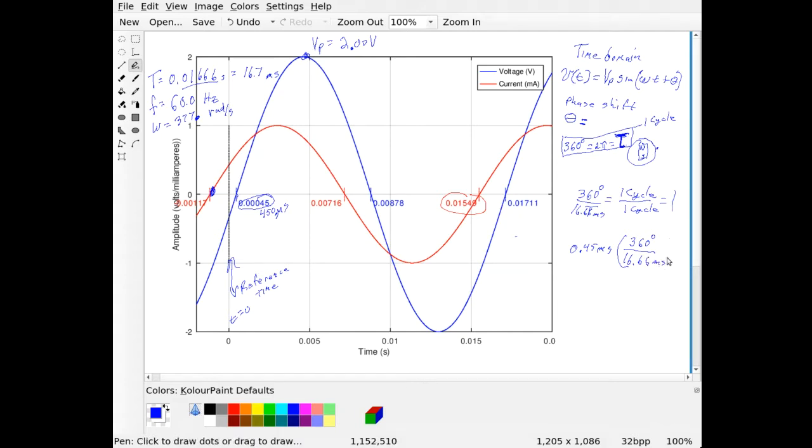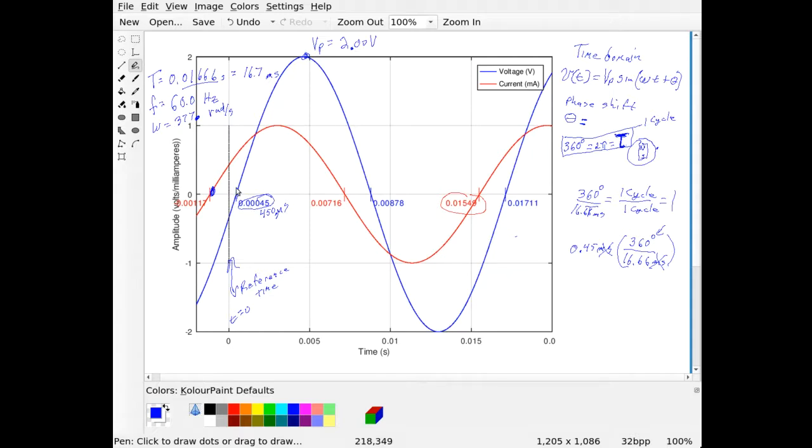It doesn't really matter as long as you're consistent, but notice the milliseconds cancel, and I'm left with degrees. So if we punch in these values, we have 45.45 milliseconds times 360 degrees divided by 16.66 milliseconds, and that gives me 9.72 degrees.